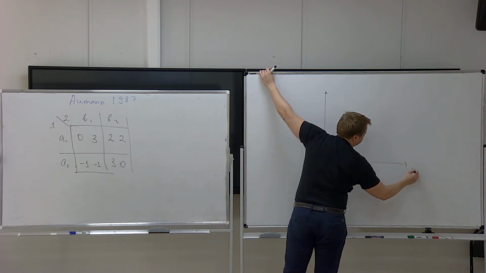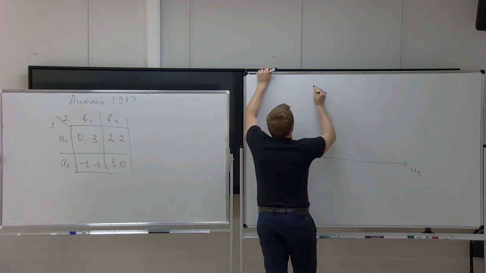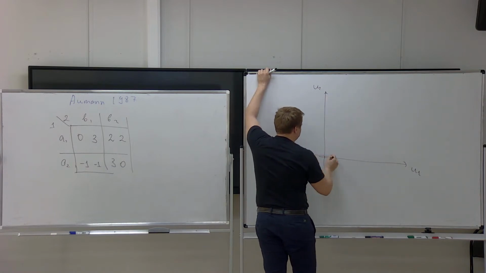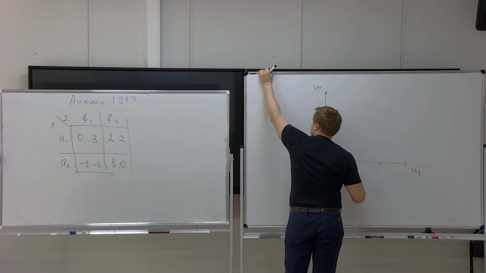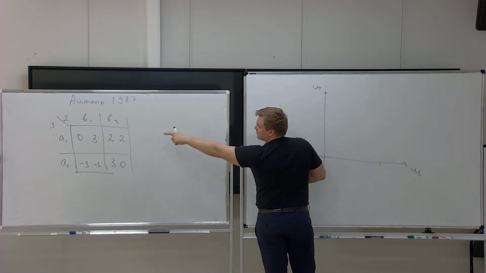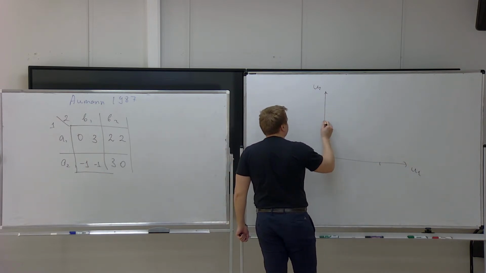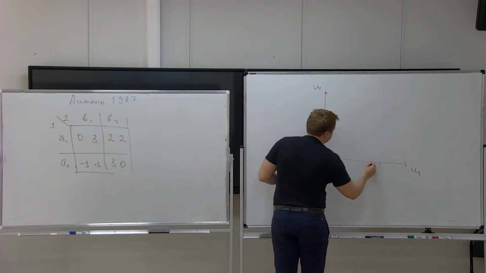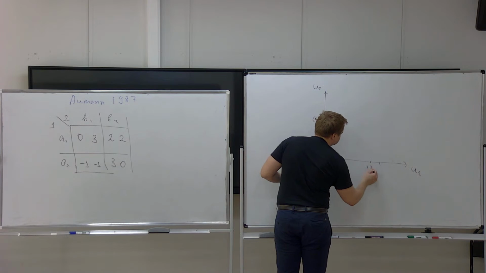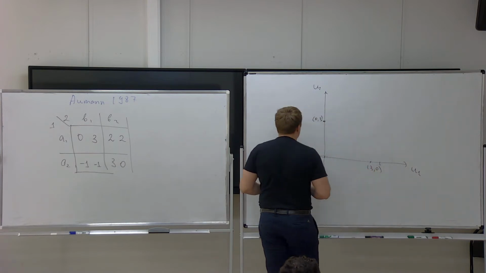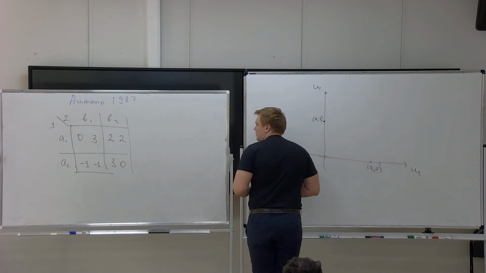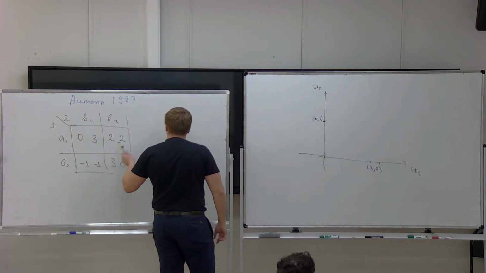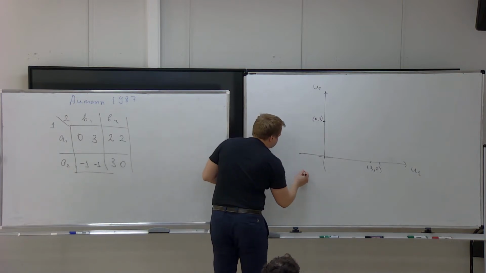So I'll just draw the payoffs. This is the payoff of player 1, this is the payoff of player 2, and now A1, B1 is 0, 3, so it's here, 0, 3, this one is 3, 0. Other outcomes are minus 1, it's somewhere here.